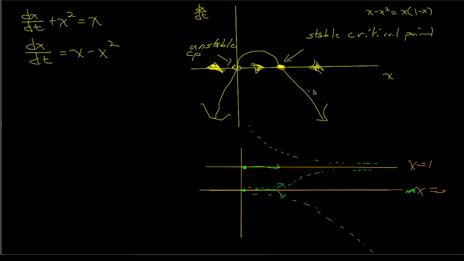So let's see what separation does for our equation here. I'm going to divide both sides by x minus x squared and multiply both sides by dt. I'll take my integral on both sides.